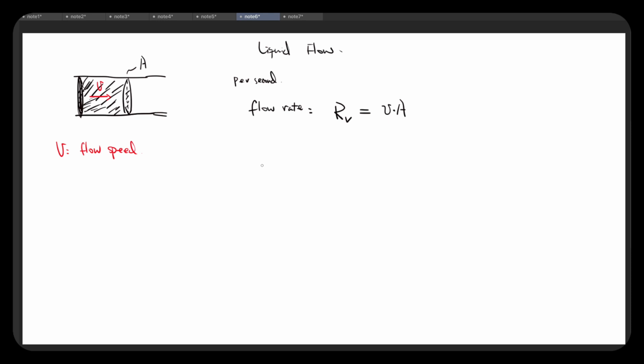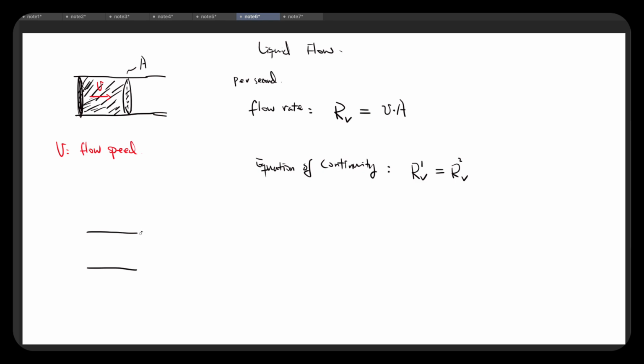And according to the liquid flow rate, we can define the equation of continuity. It says that the liquid flow rate at one region equals the liquid flow rate at any other region, so let's call that 2. Here's a diagram to show you that. Let's say we have different cross-sectional areas for a tube.